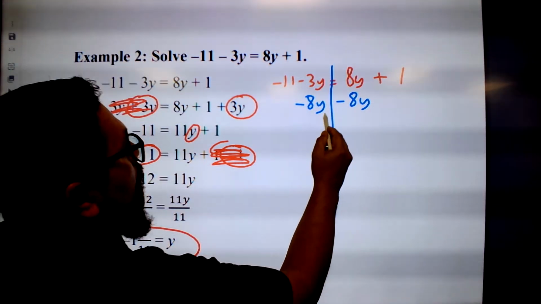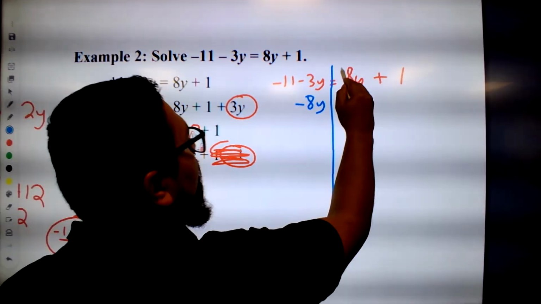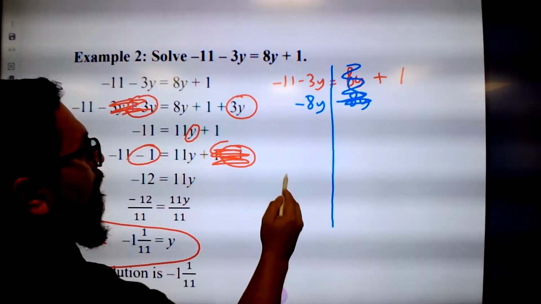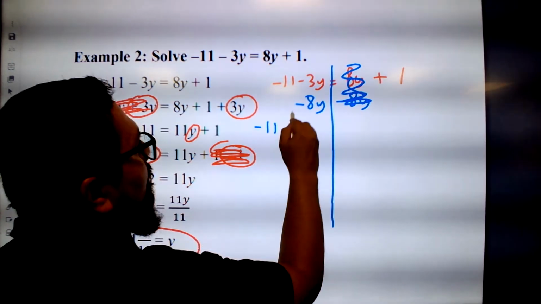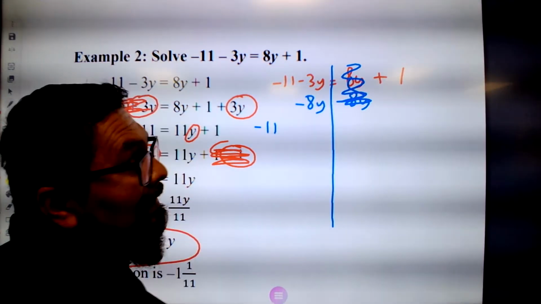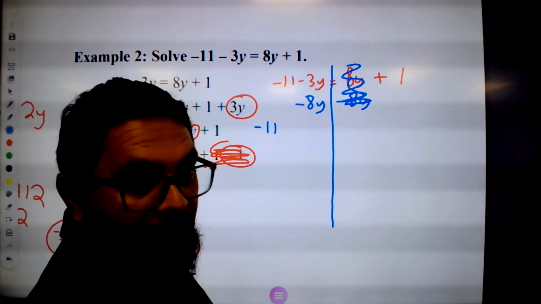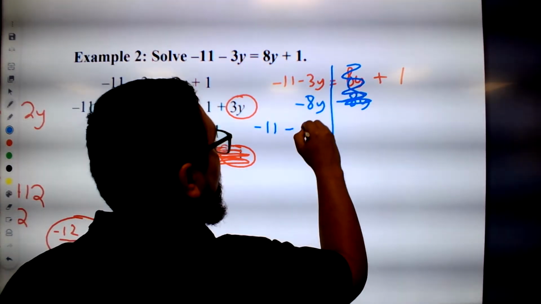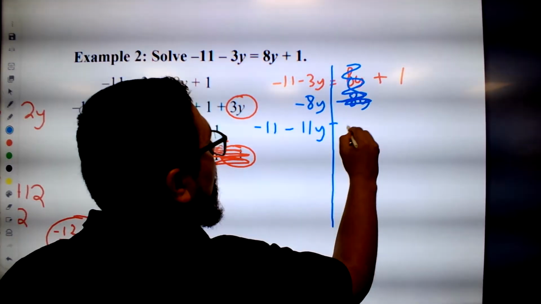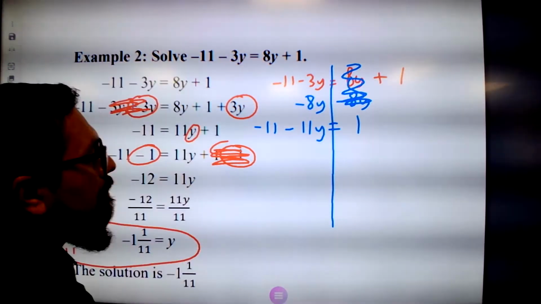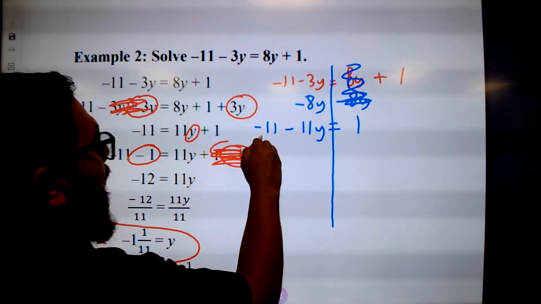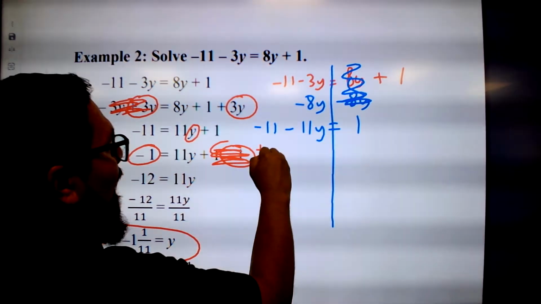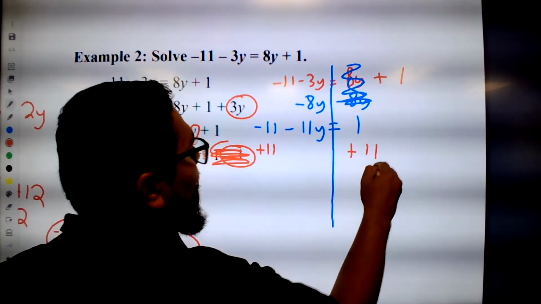When you subtract 8y from both sides, you get 0 here. And this becomes negative 11. Then negative 3y minus 8y is negative 11y. And then just bring this 1 here. Now we're going to add 11 to both sides because this is a negative. So add 11, add 11.